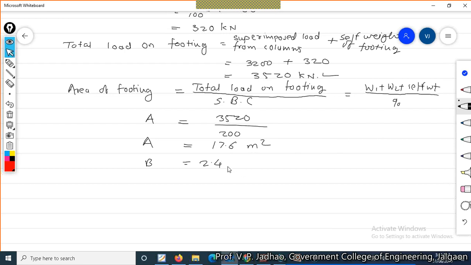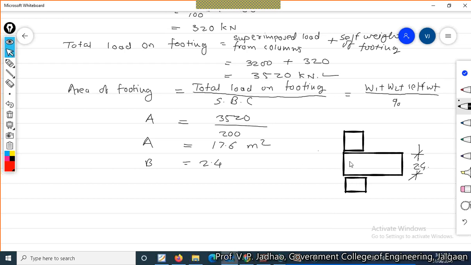At the same time, the width of the footing is given with some restriction. There may be a condition that you have only this distance of 2.4 meter. There may be another isolated footing on this side, and another isolated footing on this side also. So you have some restriction of 2.4 meter width only for this particular problem.